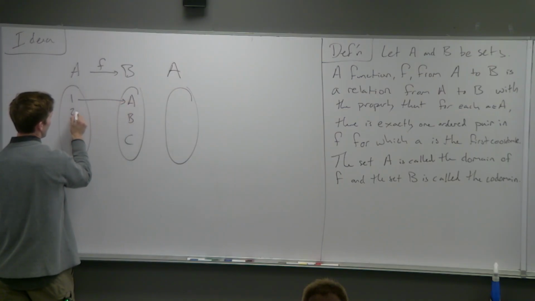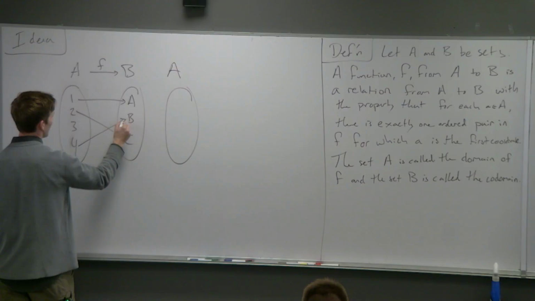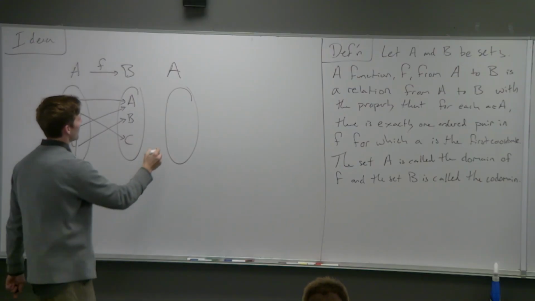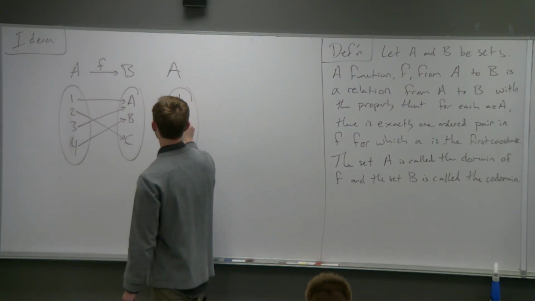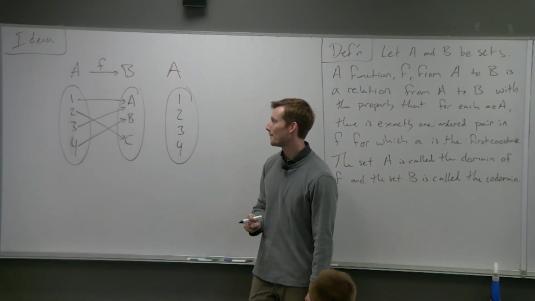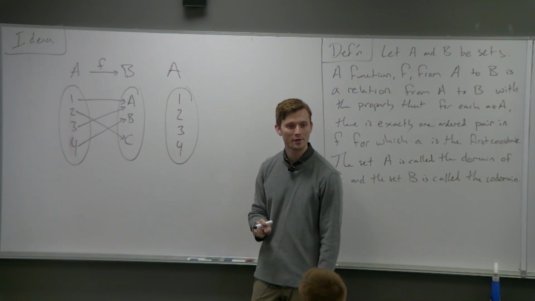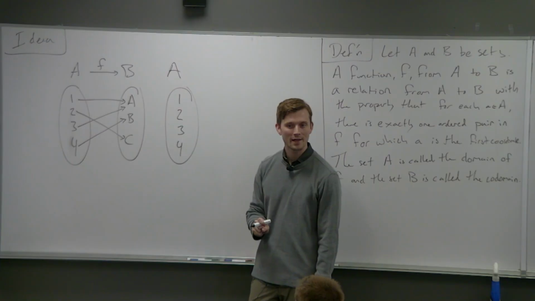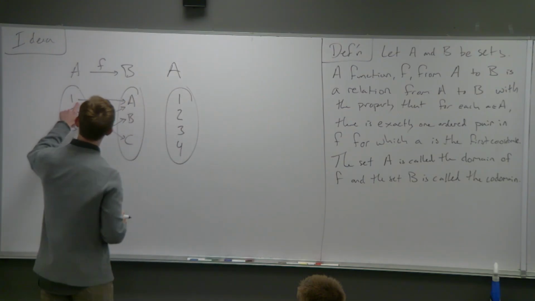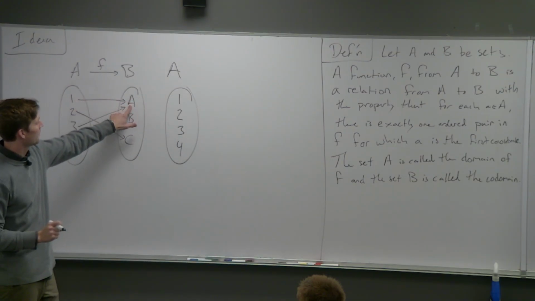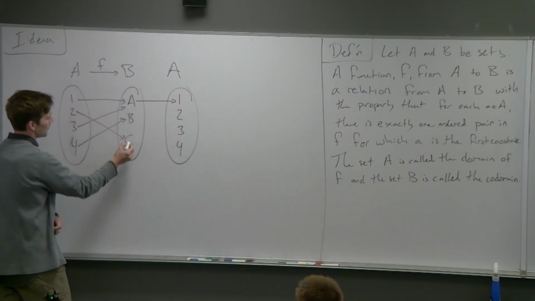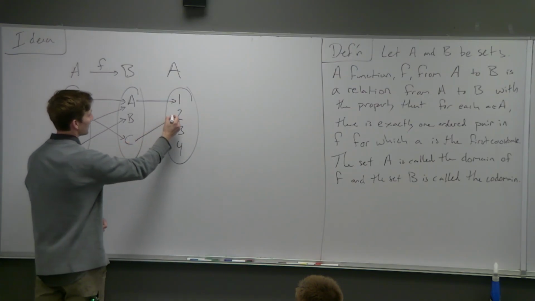I'll have 1 go to A, I'll have 2 go to C, I'll have 4 go to B, and I'll have 3 go to A. Can you come up with a way to get back to what you started with? That is, to follow the arrows so that you end up back where you started. Well, I can certainly follow 1 to A, and then I can follow A back to 1. I can follow 2 to C, and then I can follow C back to 2.